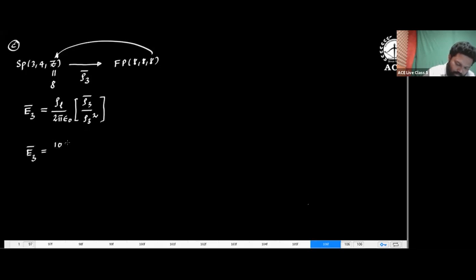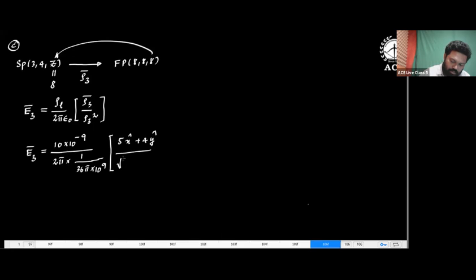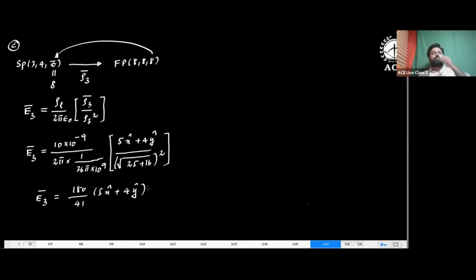Just substitute all the values. 10 into 10 to the power of minus 9 divided by 2 pi into 1 by 36 pi into 10 to the power of 9, into 8 minus 3 is 5x cap, 8 minus 4 is plus 4y cap, divided by the square root of 25 plus 16 whole square, which is E3 equal to 180 divided by 41 into 5x cap plus 4y cap. Clear, beta?